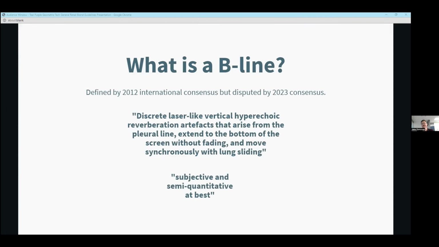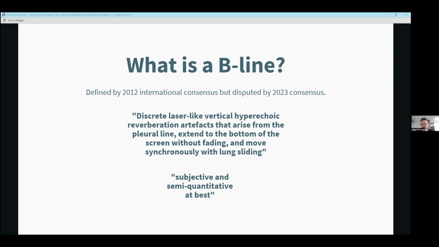So what is a B-line? Oh man, I can't tell you the rabbit hole I went down trying to understand how these things are formed and what their definition is. I've done a number of courses, online learning packages, and the variation in what people consider to be a B-line or not, sometimes it includes depth measurements.